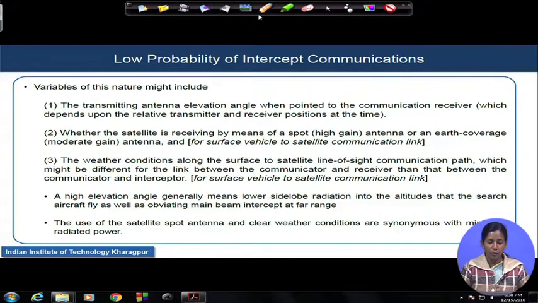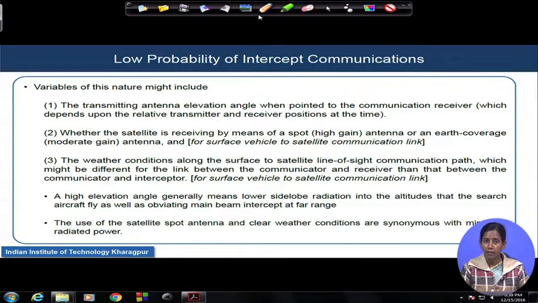The second thing is that sometimes it is not totally in your hand, as a lot of other factors are related to the calculation of the elevation angle of an antenna. Secondly, it depends on whether the satellite is receiving the signal from a high spot antenna or other high gain antennas, or a moderate gain antenna, which we call the earth coverage antenna, if the communication is going from the surface to the satellite.